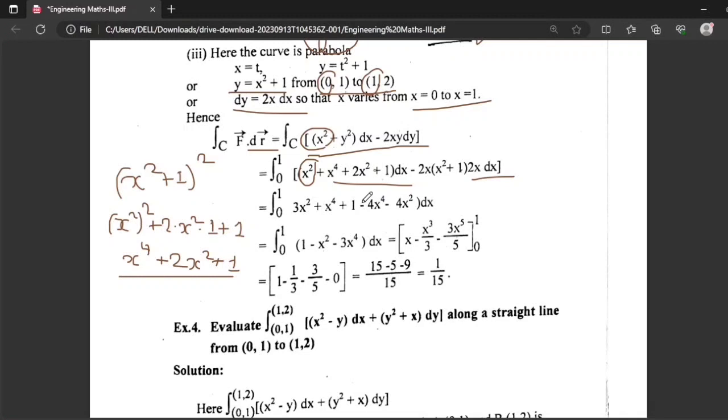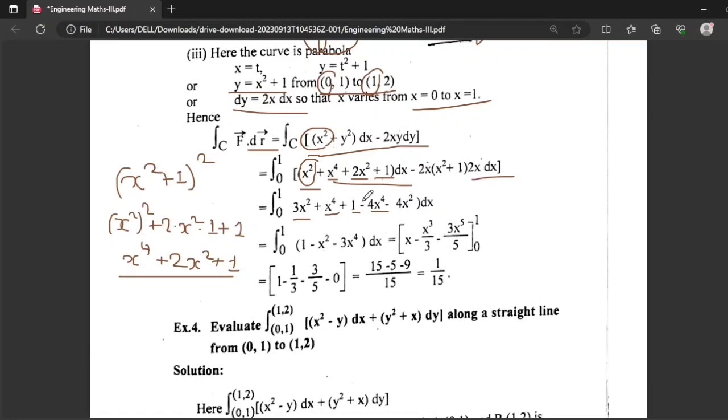So it is 2x square plus x square, 3x square, and x power 4, and 1, minus 2 into 2, 4, and x power 2, 1, 1, 2 plus 1 plus 1, 4, minus 2x into 2x, that is 4x square, and bracket dx.